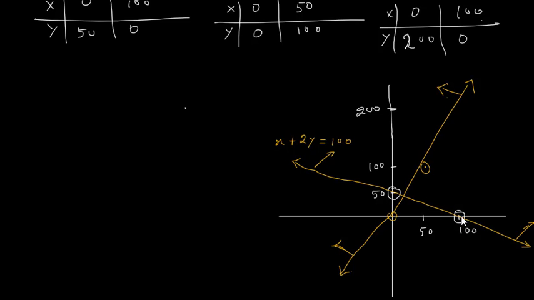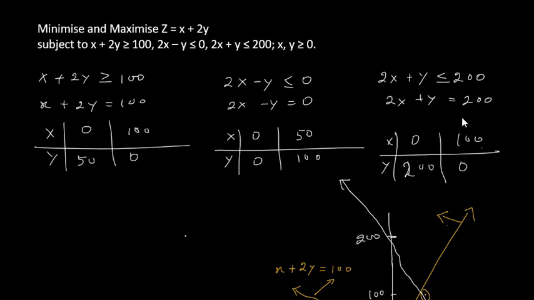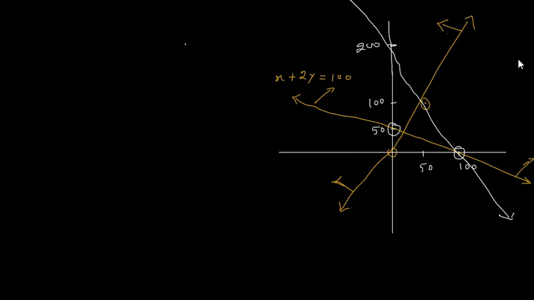So I will join these 2 points. It is something like this. So the common area, here our equation is 2x plus y less than 200. So I will see towards origin. So towards origin means on this side. Now the feasible region I will get is this shaded area.